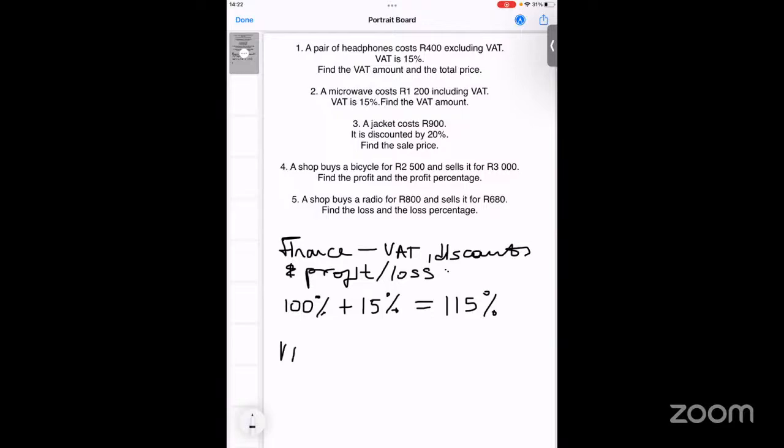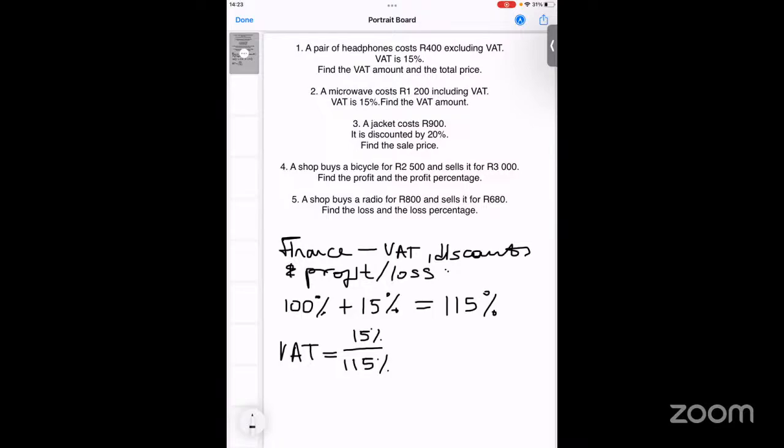We will say VAT equals that 15% that you paid. What is it out of that? Yes, this is the 15%, which is for the VAT, out of what you have paid being that much.